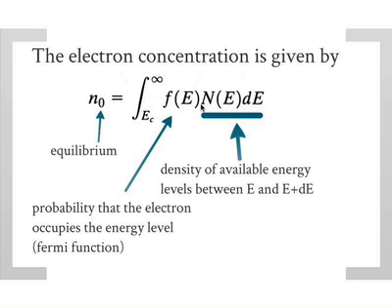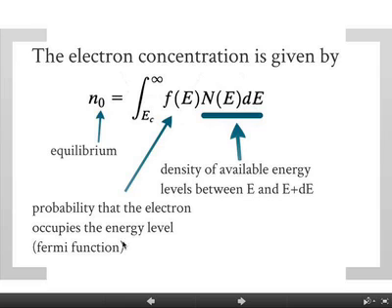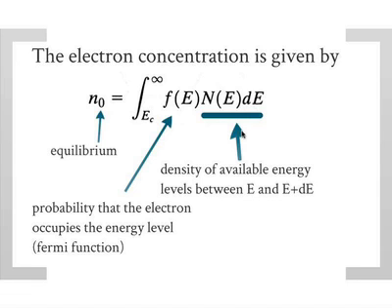Okay. So again, f of E is just the probability that the electron occupies a Fermi level, which is just a Fermi function. N of E, the density of states, is the new concept we're introducing here. It is the density of available energy levels between E and E plus dE. Okay? Now, it's a density, which means its units are per centimeter cubed.